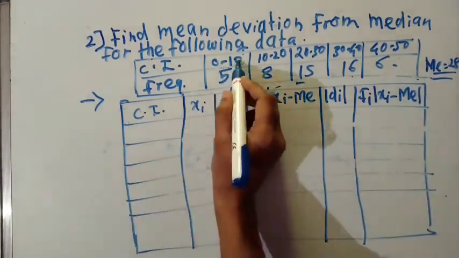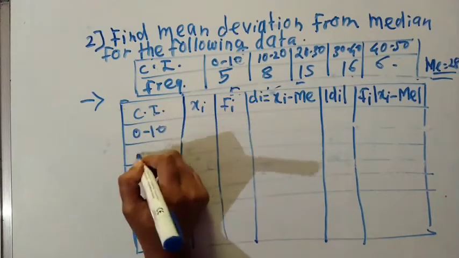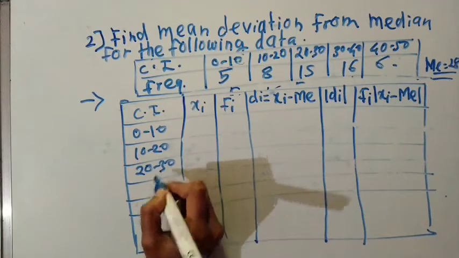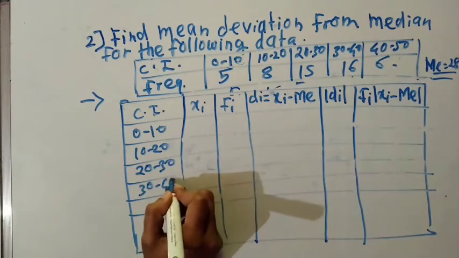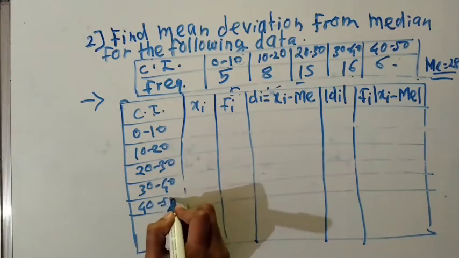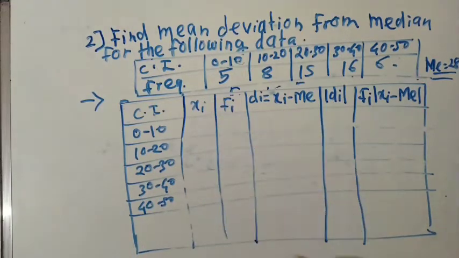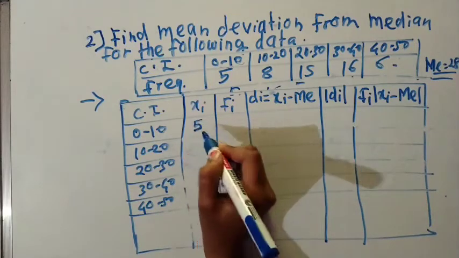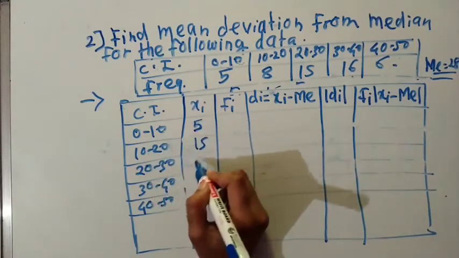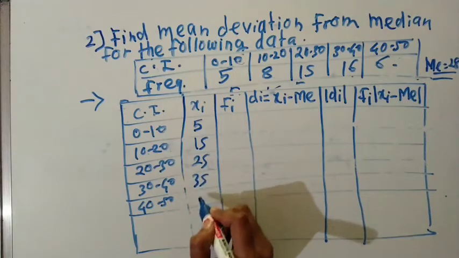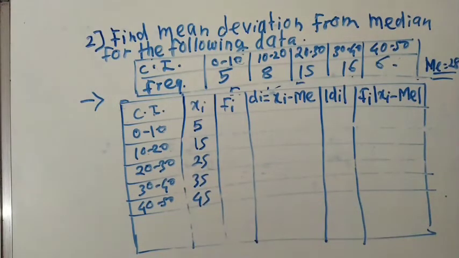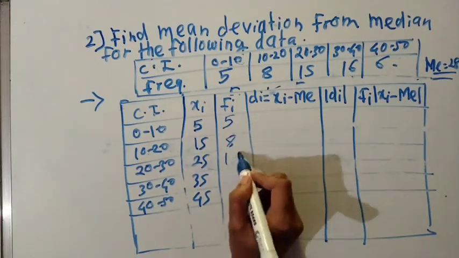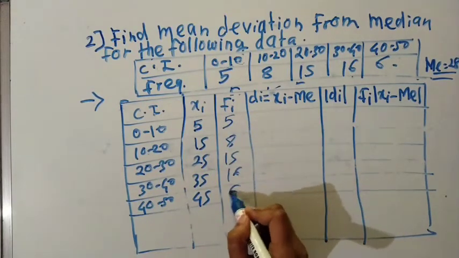So the class intervals are 0 to 10, 10 to 20, 20 to 30, 30 to 40, and 40 to 50. Then xi is the mid value of these: 5, 15, 25, 35, and 45, and fi is the frequency: 5, 8, 15, 16, and 6.